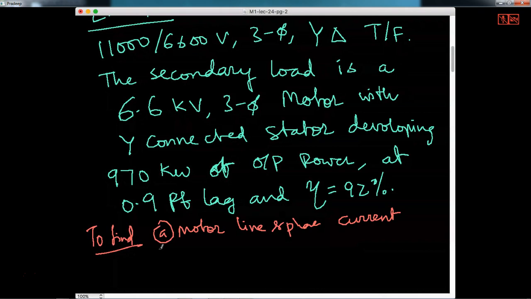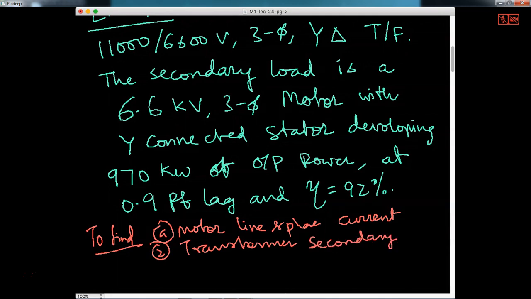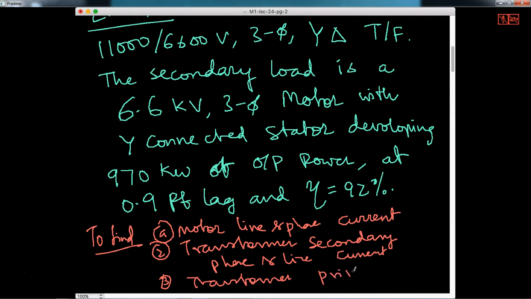Second, the transformer secondary phase and line current, secondary current. And third, you need to find the transformer primary current.